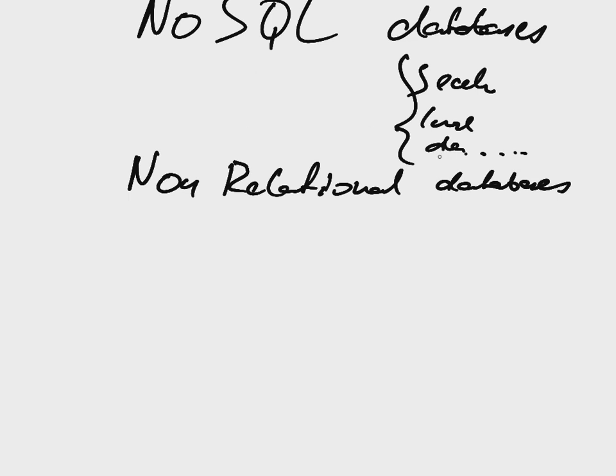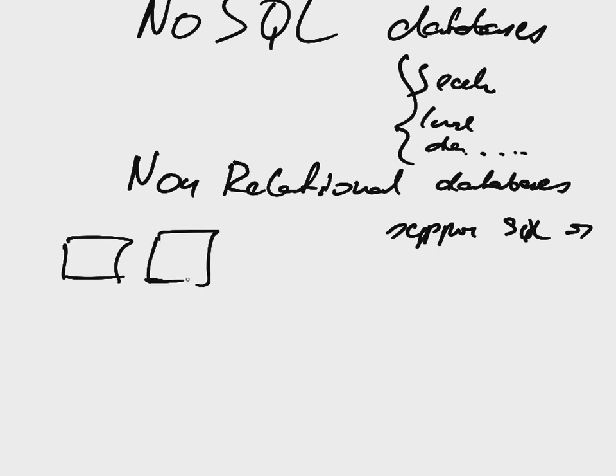SQL is the structured query language you use to manage these, and many non-relational databases actually support SQL as a management language, but what they do not support is automatic navigation from foreign key to primary key. For example, the basis of a relational database management system is that if you have a primary key here and a foreign key here, when you join, you just say what conditions you have for the join and everything works automatically.